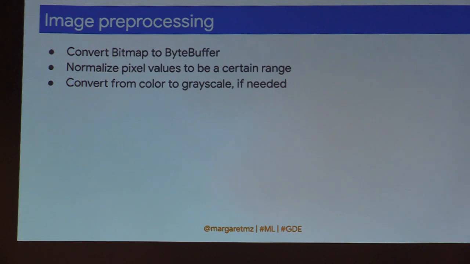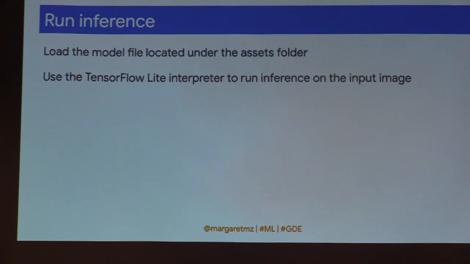And you also need to normalize the pixel values. Whatever you do in your machine learning training code, you have to do the same on mobile. And you need to convert between color and grayscale manually as well. I want to point out some of these steps are applicable on Android, but I heard that you don't have to do it with iOS or with Core ML on iOS.